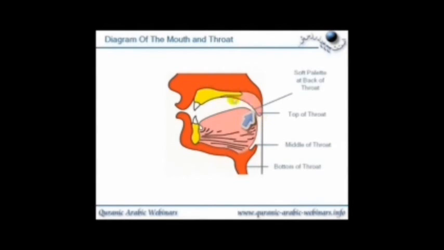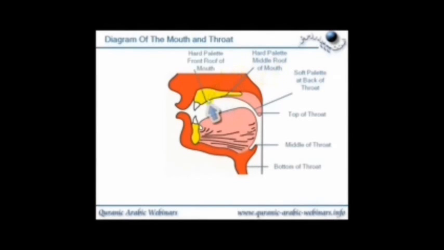We'll study the top of the mouth. So right at the back of your mouth you have a very soft part of the back of the mouth, known as the soft palate. Moving towards the middle of the mouth, the top roof of your mouth is known as the hard palate in the middle, or the roof of the mouth.